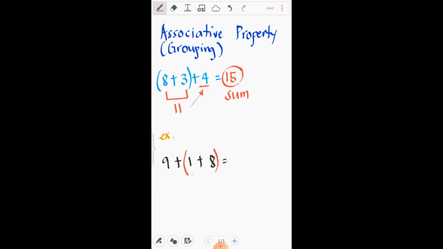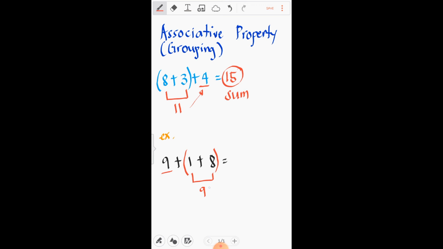1 and 8. So, what is 1 plus 8? 8, 9. So, the sum here is 9. Do not forget, we still have one more addend, okay? The remaining addend here is 9.